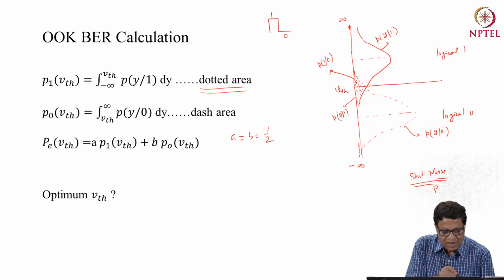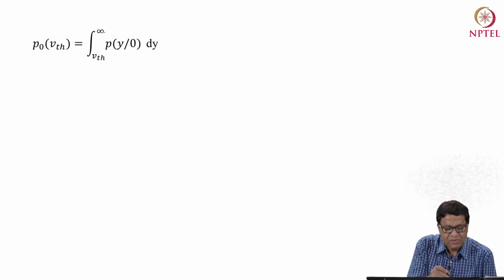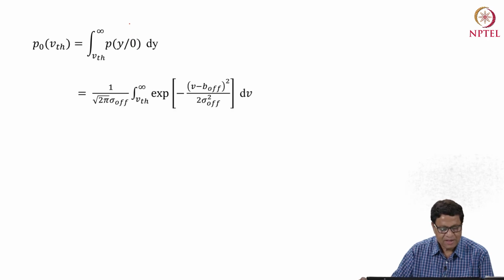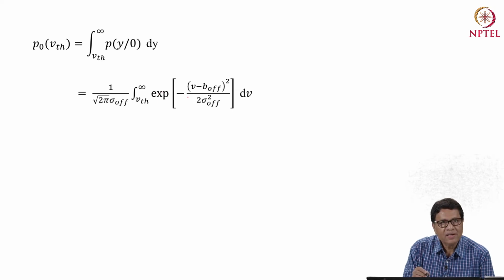For example, if it is P1, it is dotted area. If it is P0, it is dash area. So I'm trying to calculate the P0. So it is from VTH to infinity, and the PSD of received signal when 0 was transmitted. And this can be equated as from VTH to infinity. This is Gaussian. This is how you calculate the area.